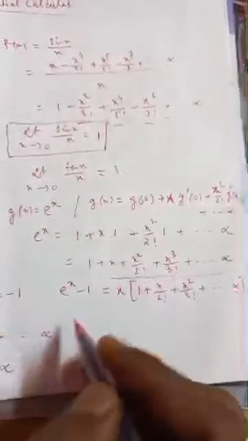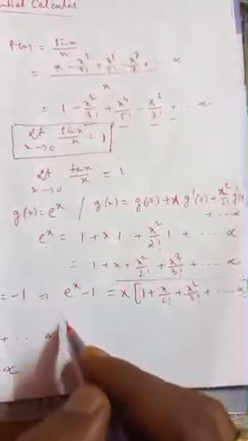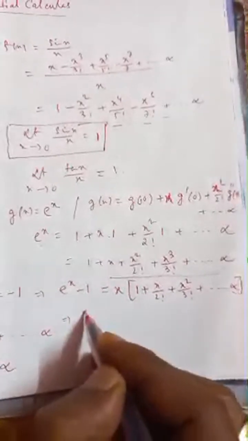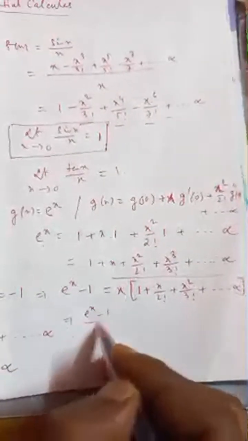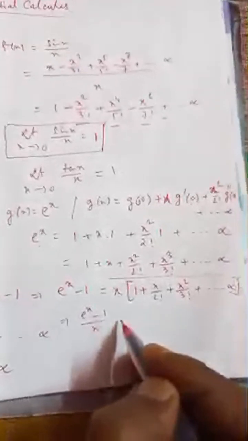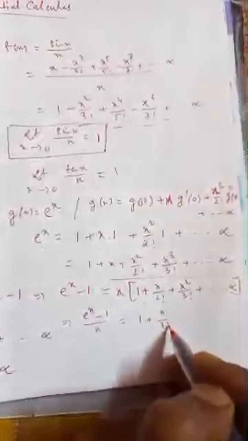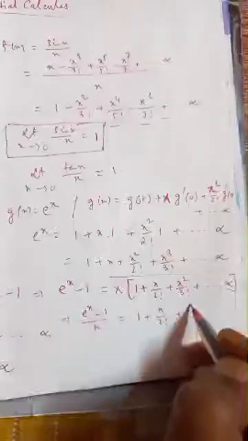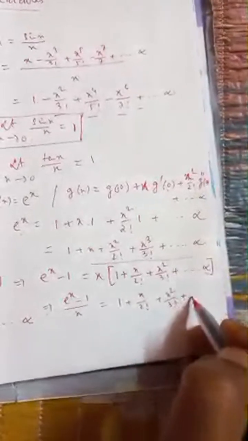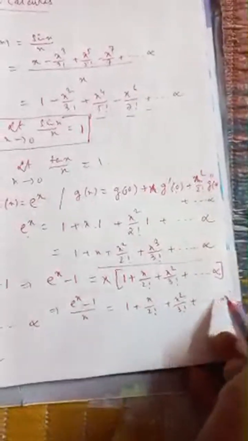Now again, if we rearrange this, e to the power x minus 1 by x is equal to 1 plus x by 2 factorial plus x square by 3 factorial plus dot dot up to infinity.